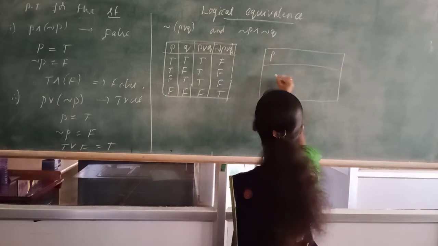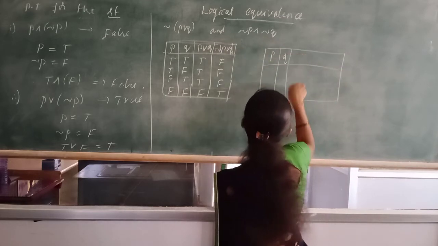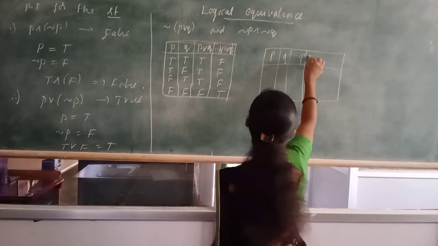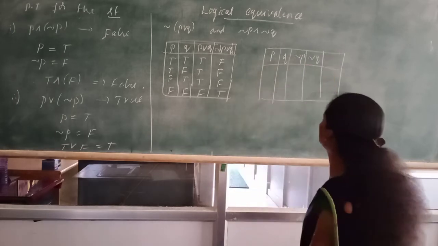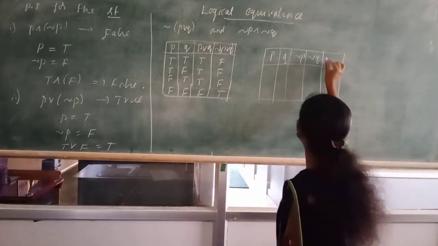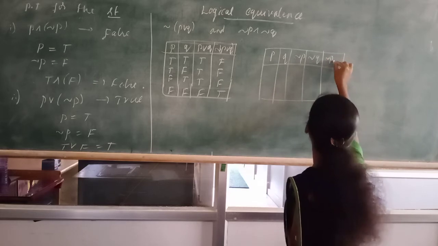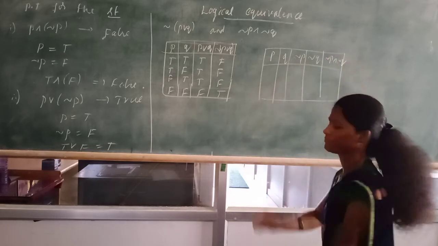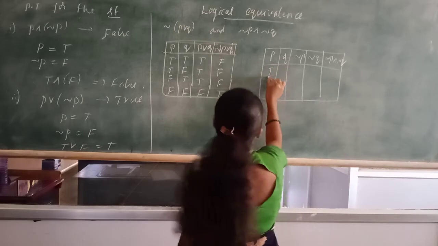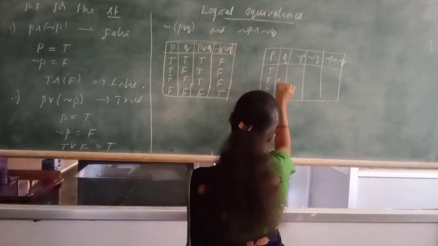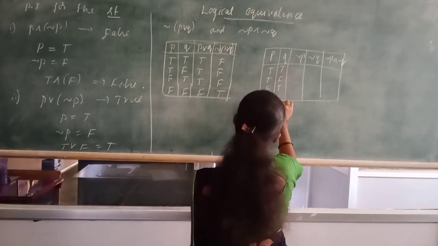P, Q, first negation of P, then negation of Q, then negation of P and negation of Q. True, true, false, false; true, false, true, false.